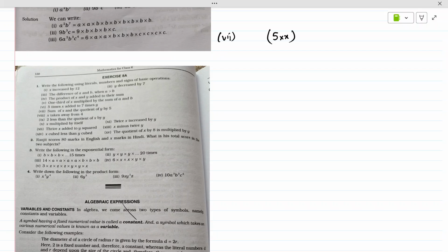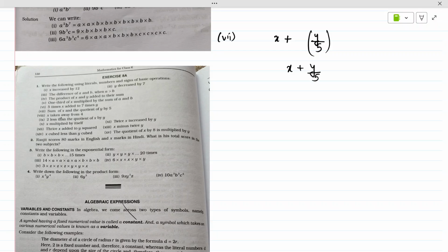I'm doing 7th now. 7th is sum of x and quotient of y by 5. So sum of x and the quotient of y by 5. Quotient of y by 5 means y divided with 5. This is added. So this will become x plus y by 5 as the expression.